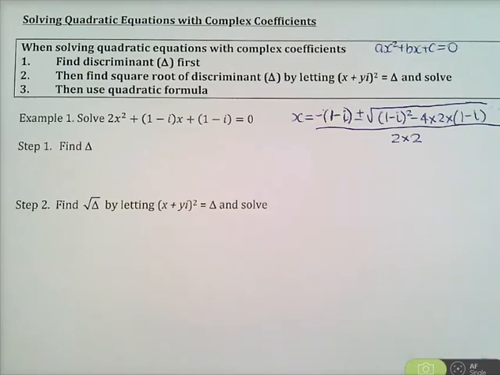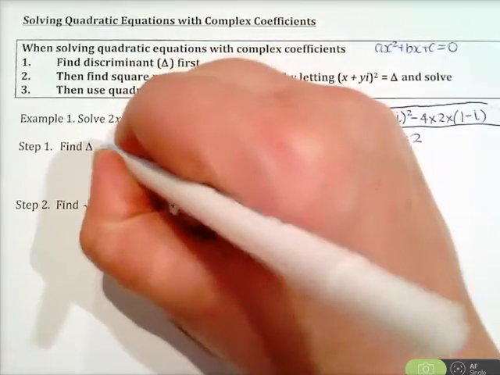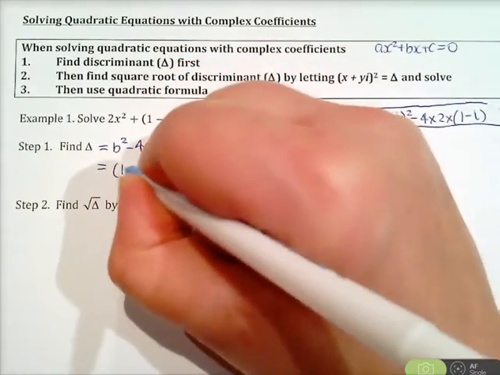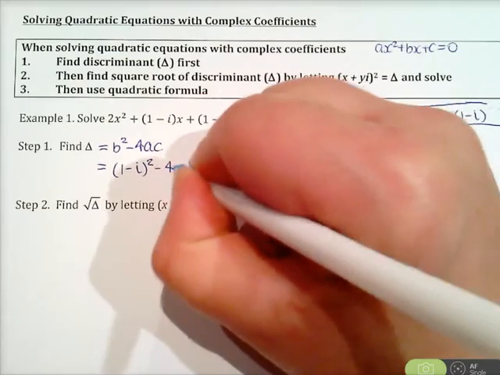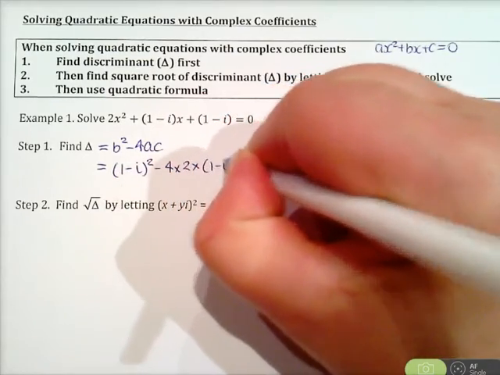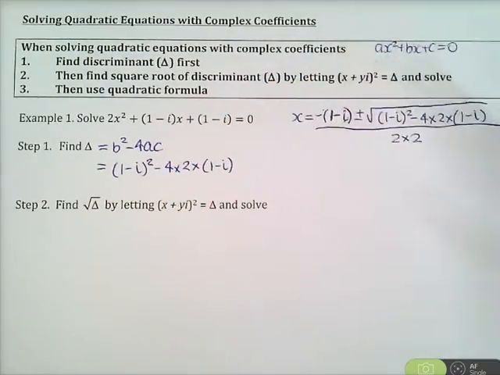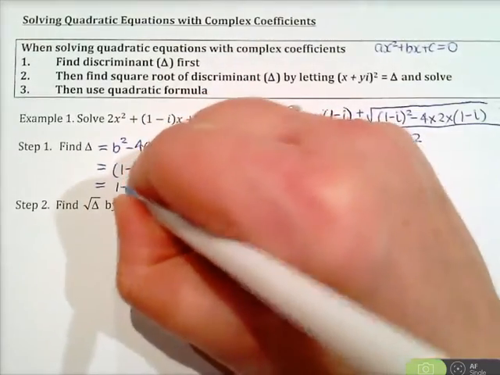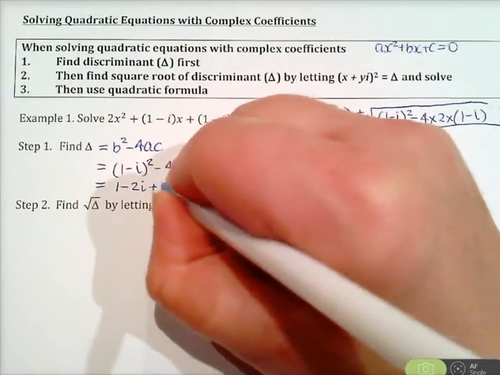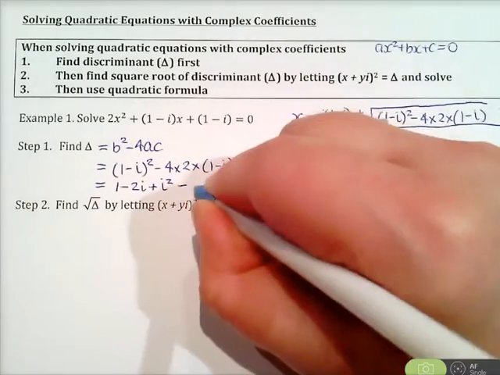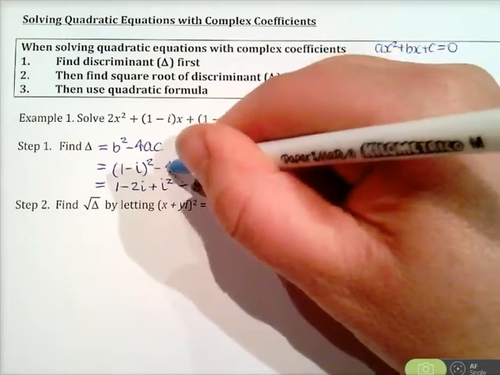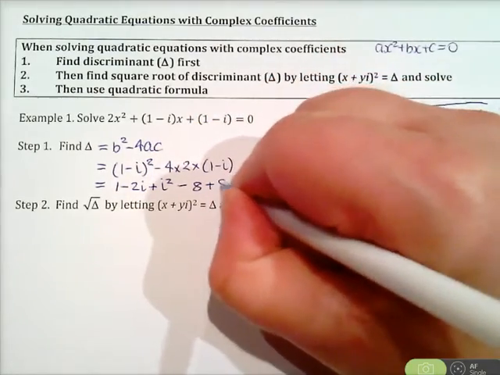Okay, so let's start. The discriminant is b squared minus 4ac, which happens to be 1 minus i squared minus 4 times 2 times 1 minus i. If we expand that and simplify, we get 1 minus 2i plus i squared minus 8, because it's minus 8 times 1, and minus 8 times minus i, which is plus 8i.